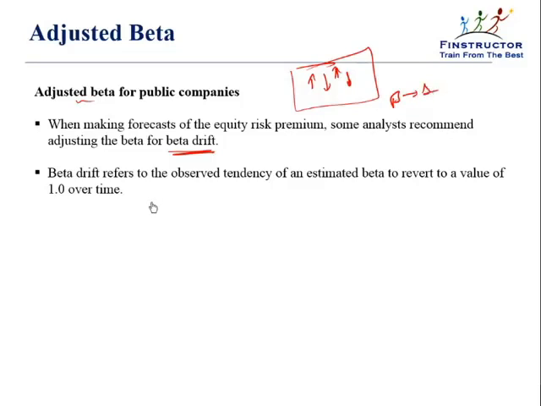Now, betas calculated over the last history or over the last 10 years may be very high. We'll call them the regression beta. But when we are calculating the equity risk premium, that discount rate is applied in valuation for the next 1 year or for the next 20-30 years.